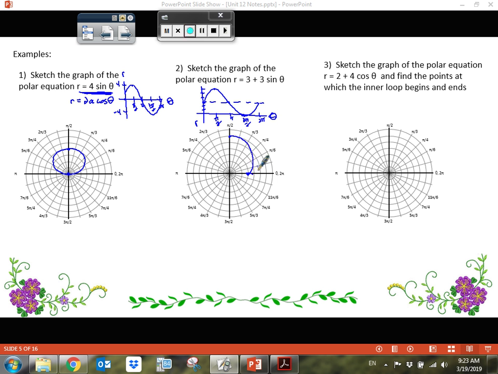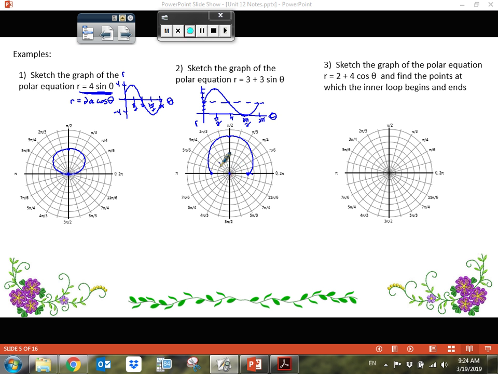We want to kind of exaggerate. Is everybody okay with that? Okay, at angle measure pi, we are at 3 here. Again, we're going to connect that with a nice full curve. In the third quadrant between pi and 3 pi over 2, we're actually going to hit 0.